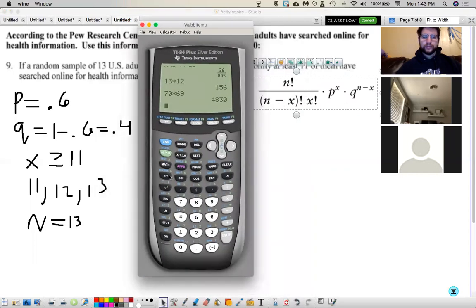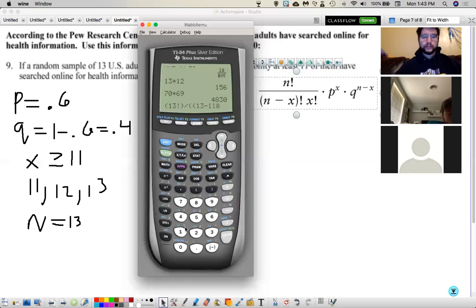So we've got a numerator here, so I'm just going to put in parentheses. Really don't need to, since it is just a single term, but I do it anyway for safety. Okay, that's my numerator in parentheses. Divided by, I'm going to put my denominator in parentheses. And it was 13 minus, we got to do 11, 12, 13.